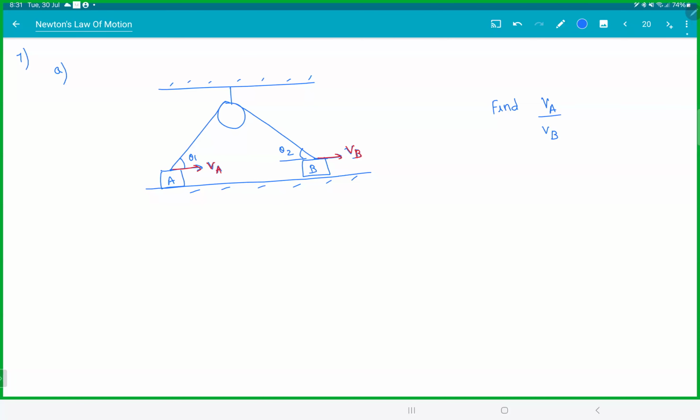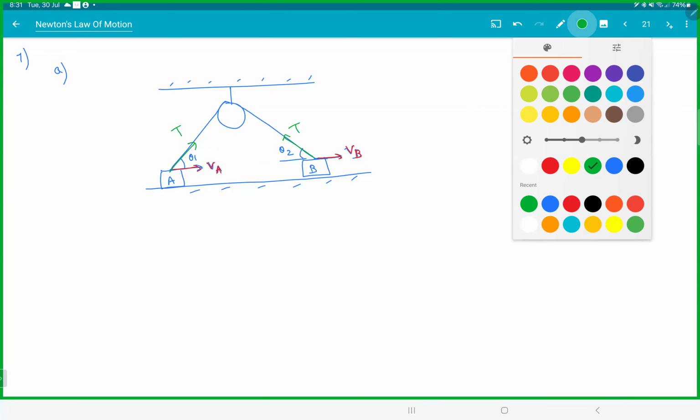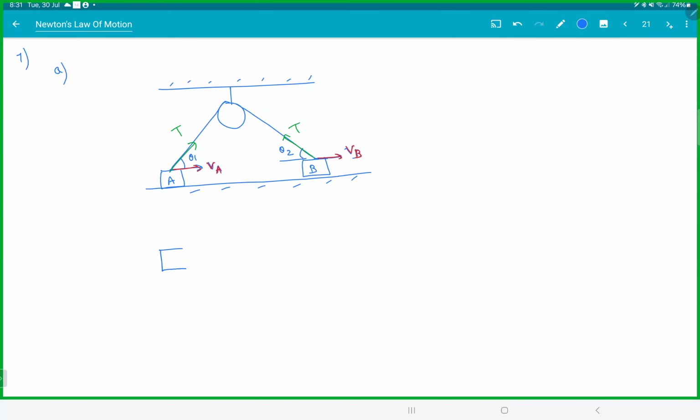Let's see. Let this tension be T. Let this tension be T. Now, for convenience, since sometimes the angles can be confusing, let's divide this into components. So this is T sine theta 1. This is T cos theta 1.